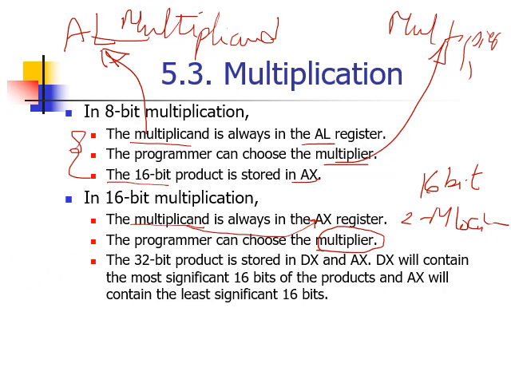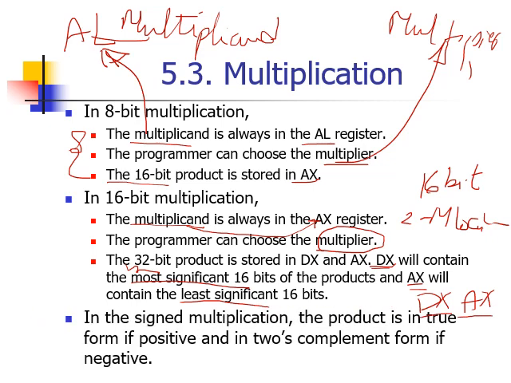Where to find the result? Where the 32-bit result can be found, and you can find the most significant 16 bits of the product in DX and the least significant 16 bit in AX. So your result will be placed in AX, DX, least significant 16 bit, most significant 16 bits.